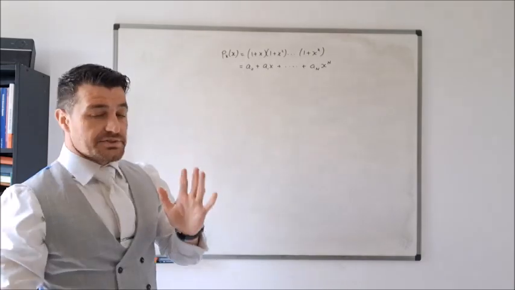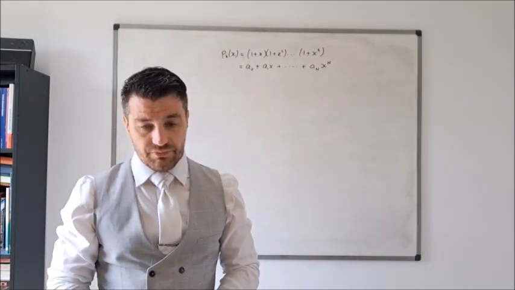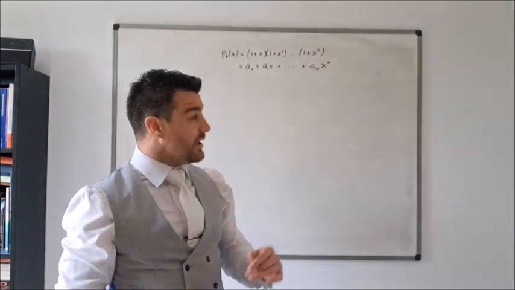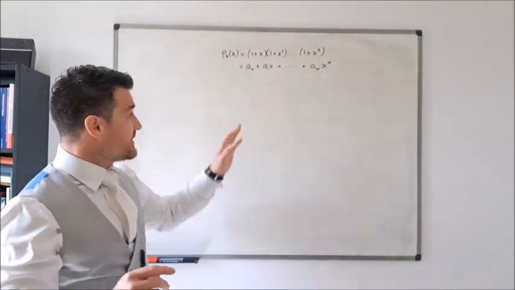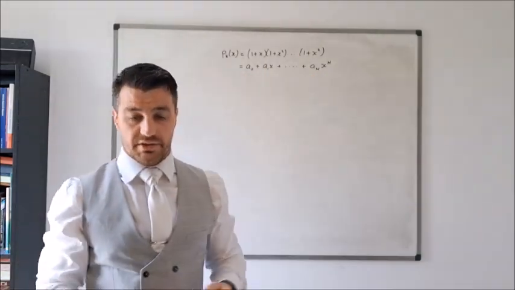Okay, so where a0, a1 up to a sub n, by the way, they're the coefficients of the polynomial.